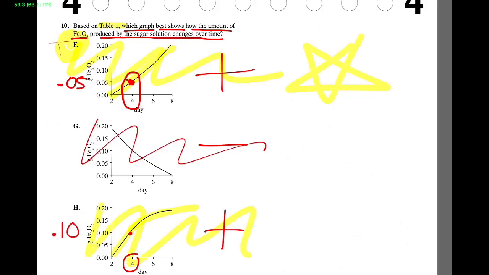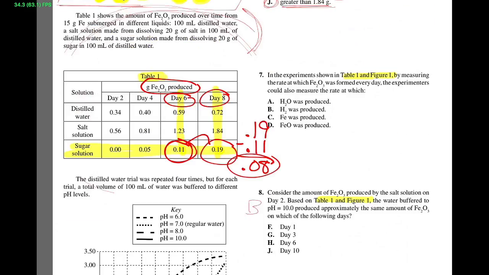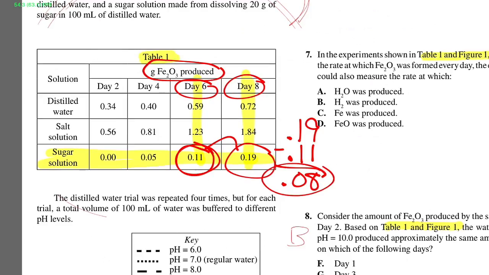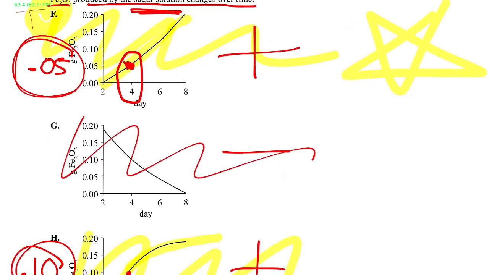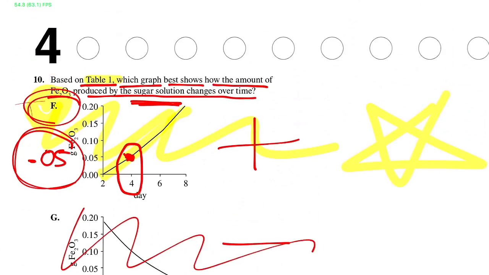And so that might actually give me enough information to figure out which one is the better choice. So I'm going to look for day 4 in table 1 in sugar solution and see if it's closer to 0.05 or 0.10. Okay. Sugar solution, day 4, 0.05 on the nose. So that's going to be the right choice. So I would choose F.